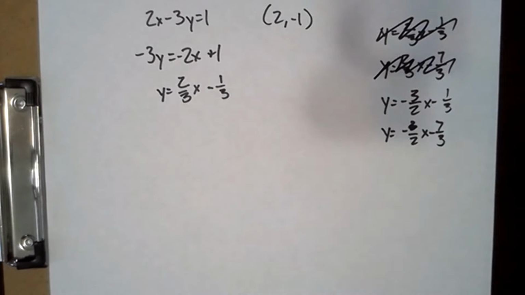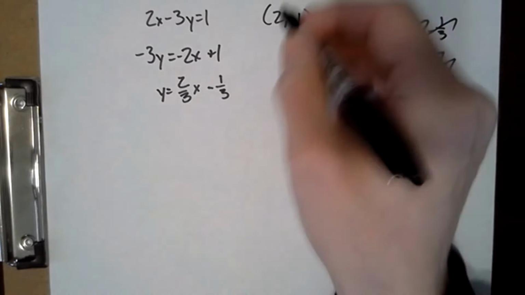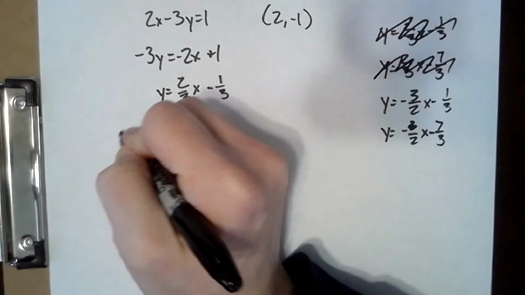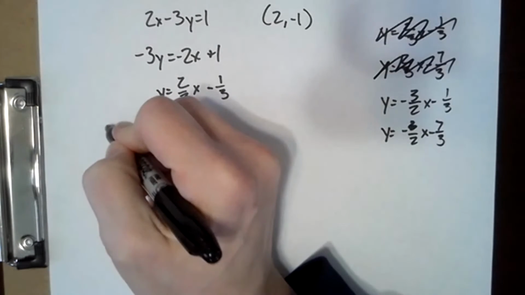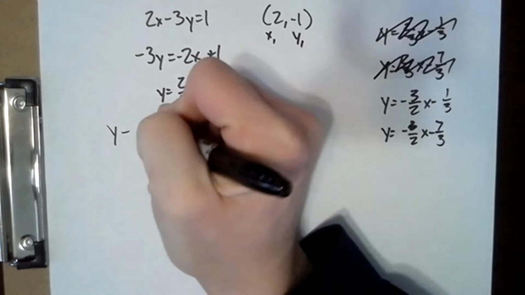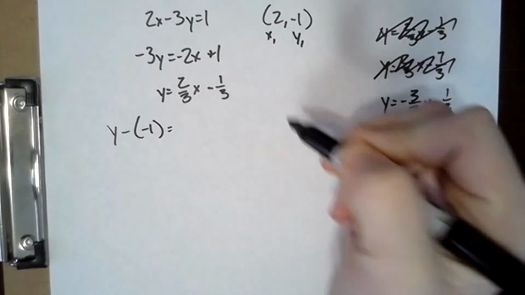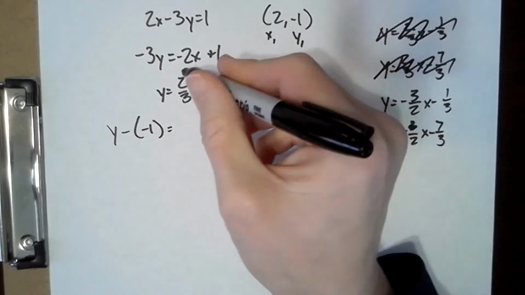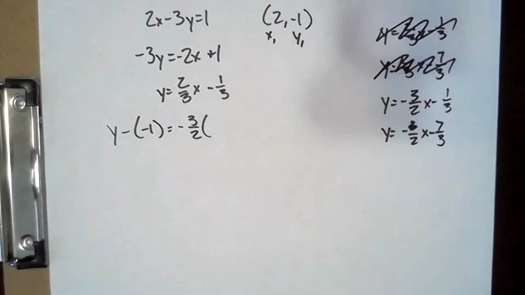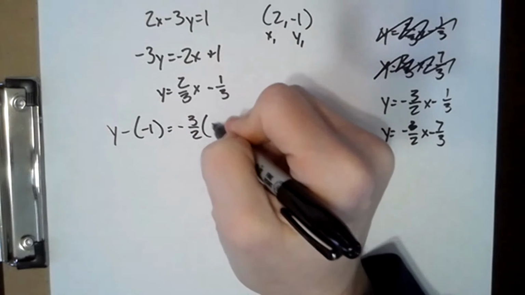Having done that, I just need to figure out what line has a slope of -3/2 and goes through the point (2, -1). So we just plug in: y minus y1, here's x1, y1: y plus 1 equals -3/2 times x minus 2.